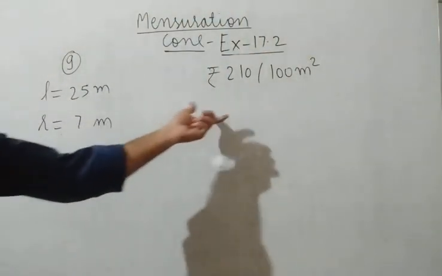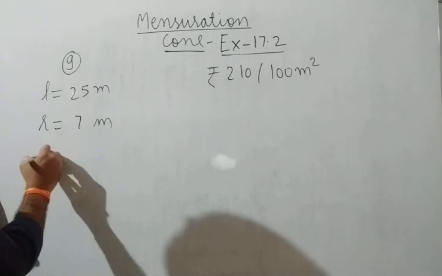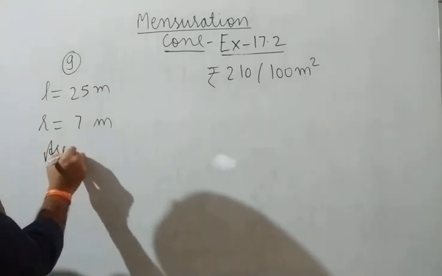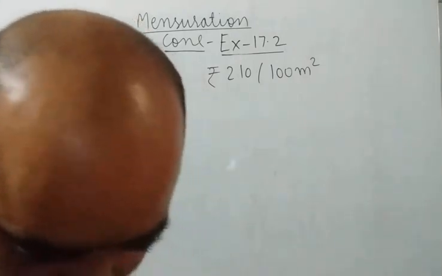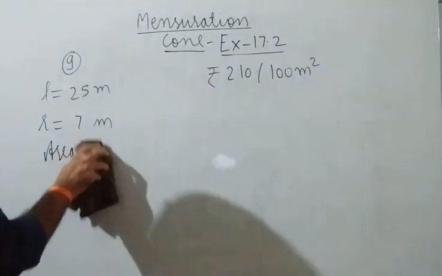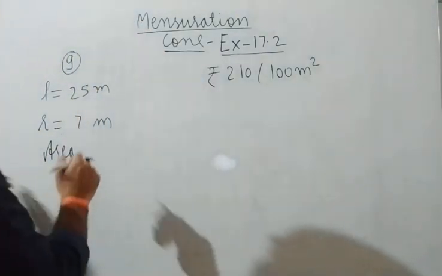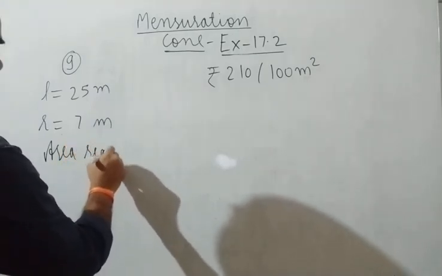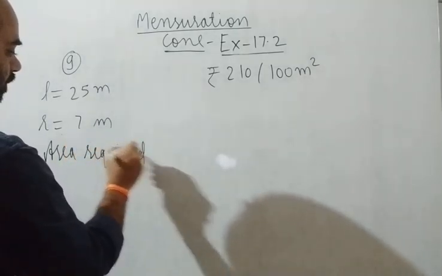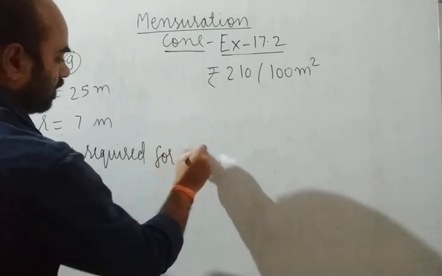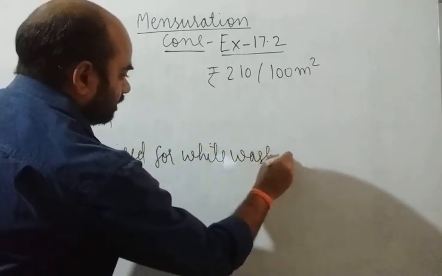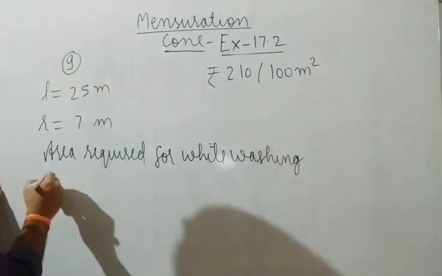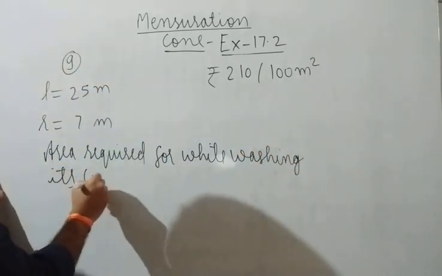So we have to first find what is the area required for whitewashing its curved surface.